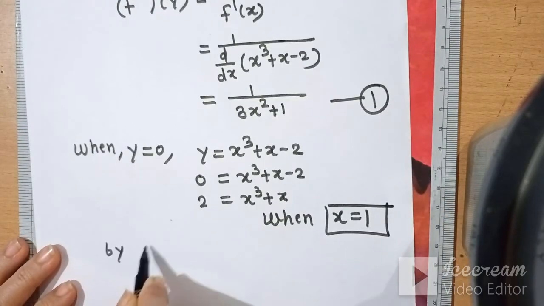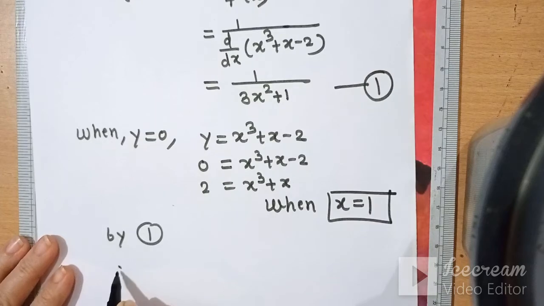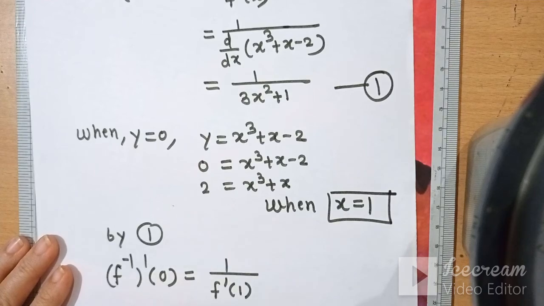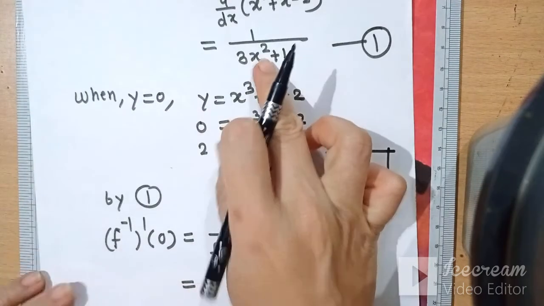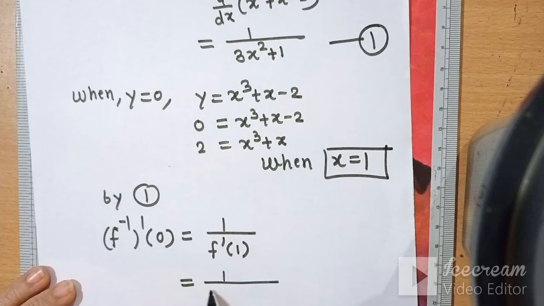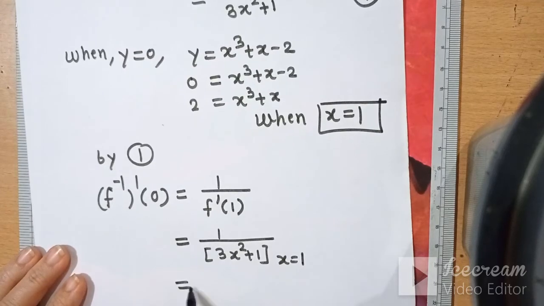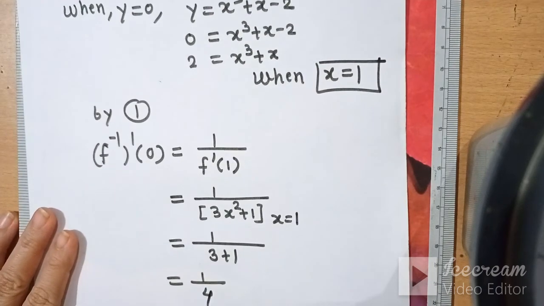So by 1 we have f inverse dash of 0 is equal to 1, and now write down this function. So 1 upon 3x square plus 1 at x is equal to 1, and so substituting, 1 upon 4 is the final answer.